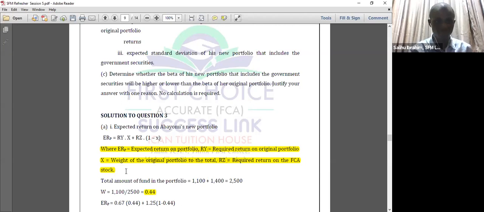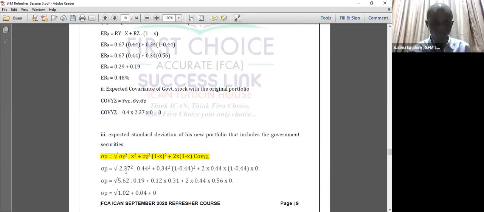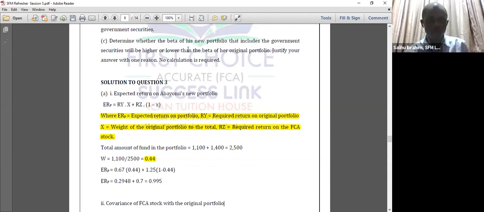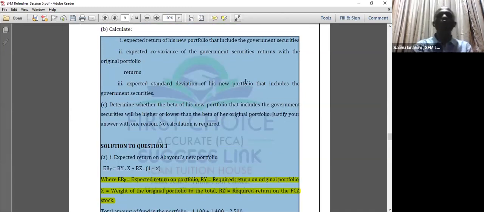So let's go to Roman figure 2. Expected covariance of the government securities returns with the original portfolio. Now, what do we mean by covariance?